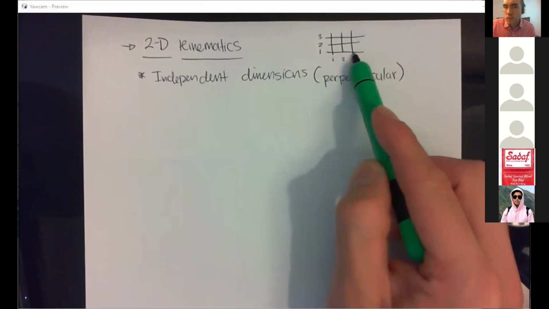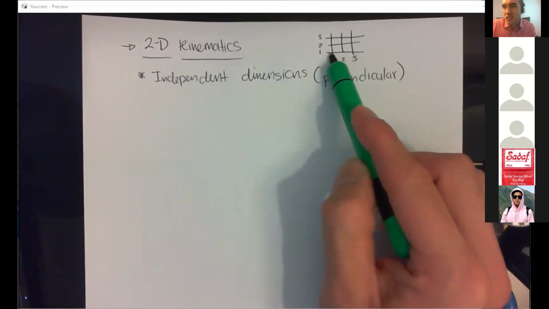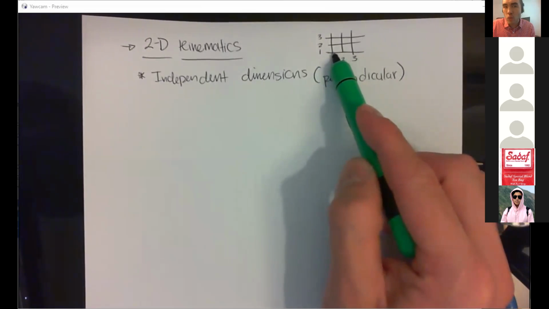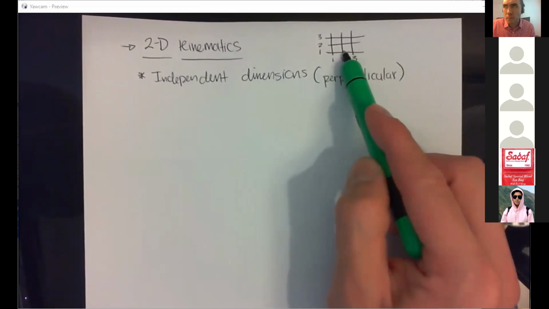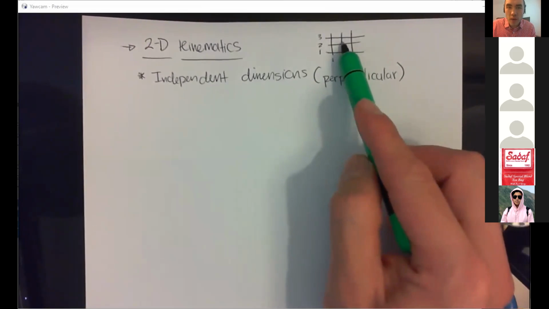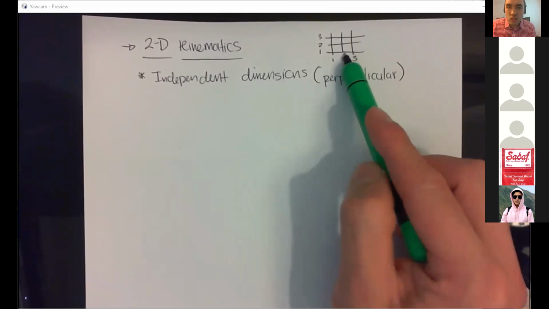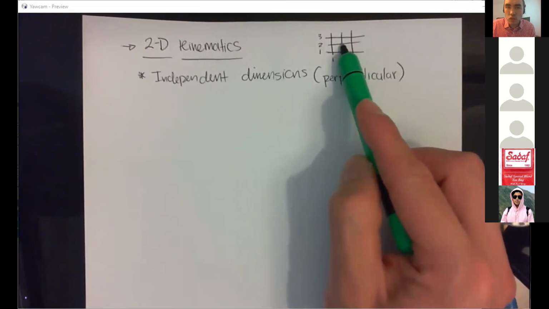No. If I add 1 to my X direction, I go from the point 1, 1 to the point 2, 1, but Y is unaffected. Y is still 1. Same is true if I add Y's. So if I'm here and I add 1 to my Y direction, I go up to here, but X is still 2. I go from 2, 1 to 2, 2.